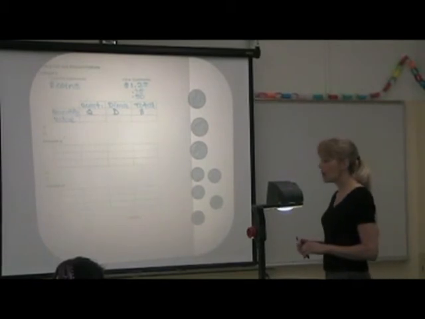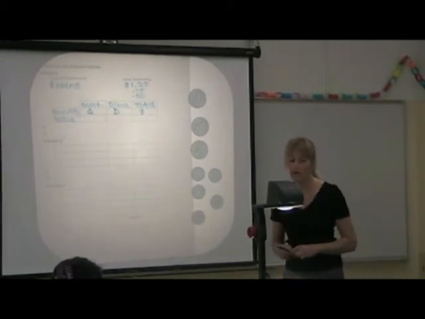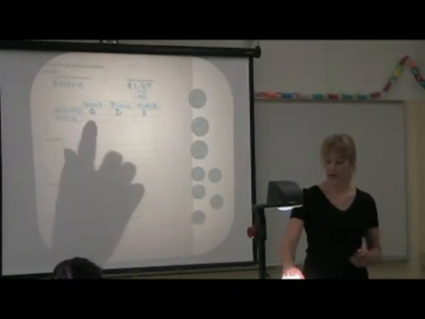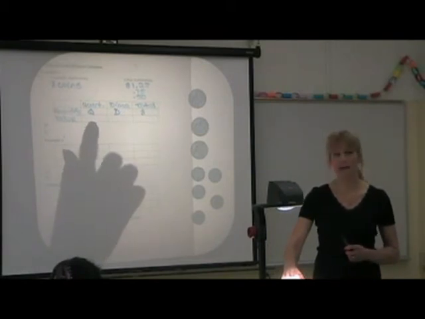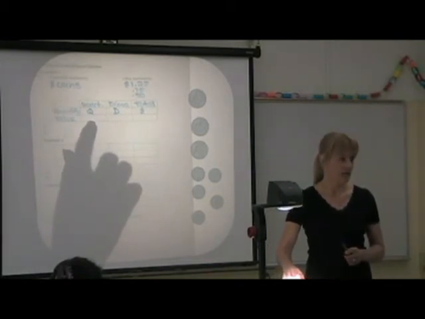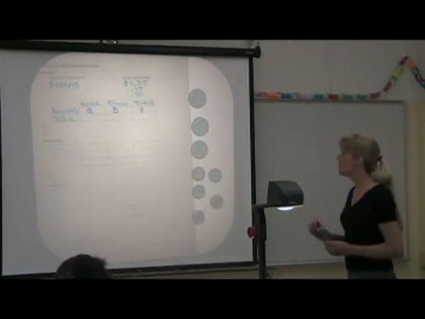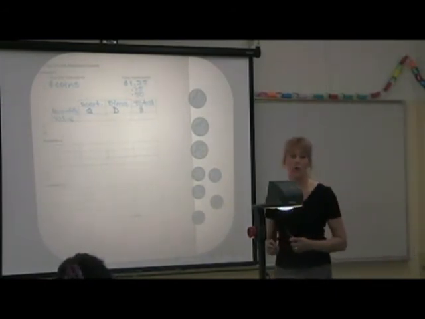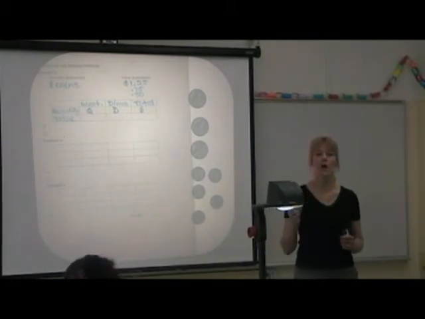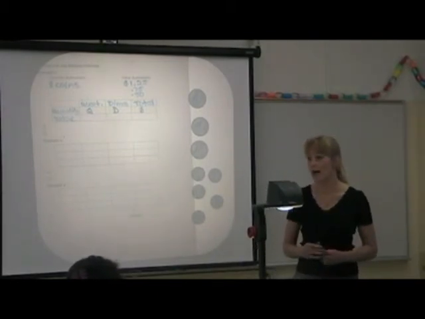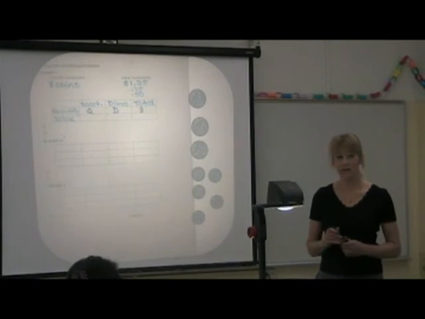We know the total value of the coins, the total value of the quarters, it's 75 cents, right? But I don't want you to write that there yet. The reason we know the total value of the quarters is 75 cents is because we know how many quarters we have, right?